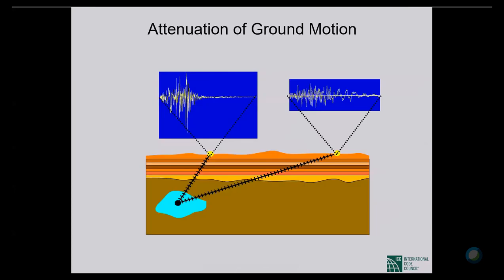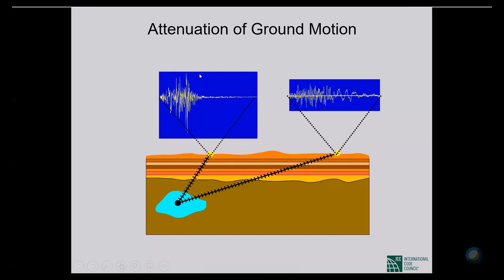Attenuation of ground motion. This is a term you will see all over the place. Attenuation is how ground motion dies down as it travels from source to site. Okay? So this is the focus. If you are here in the near fault region where the distance from the fault is not large, this is the kind of ground motion you will see.